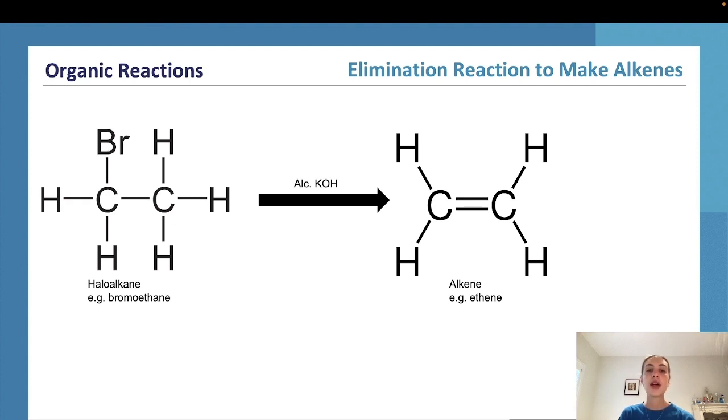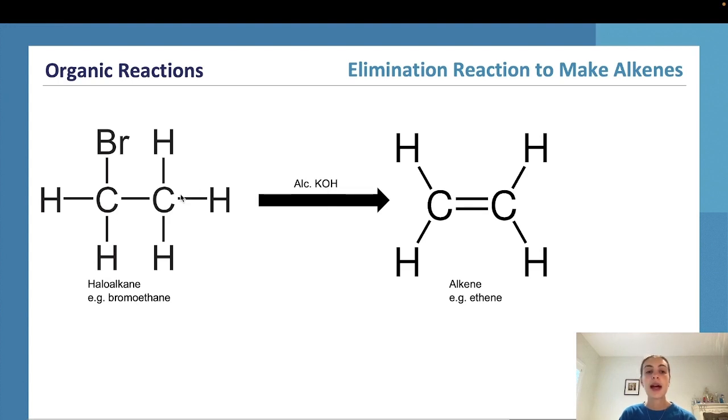We can also undergo an elimination reaction to form alkenes. This is like reversing our addition reaction. We can start off with a haloalkane and use potassium hydroxide in alcohol.